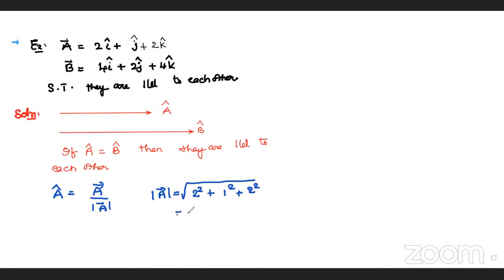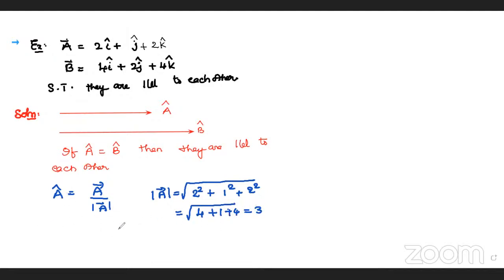So you are getting root over 4 plus 1 plus 4, that is 9, which equals 3.